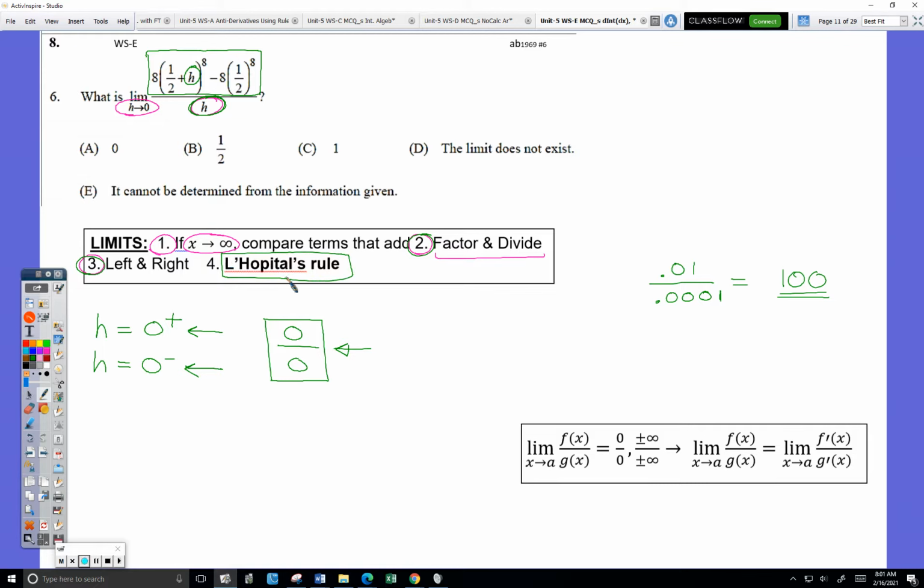Okay. He discovered that if you encounter this situation where you're trying to solve a limit and you end up with either 0 over 0 or infinity divided by infinity, and these can be positive or negative, it doesn't matter, he came up with a way to solve the limit problem that we're going to talk about today.